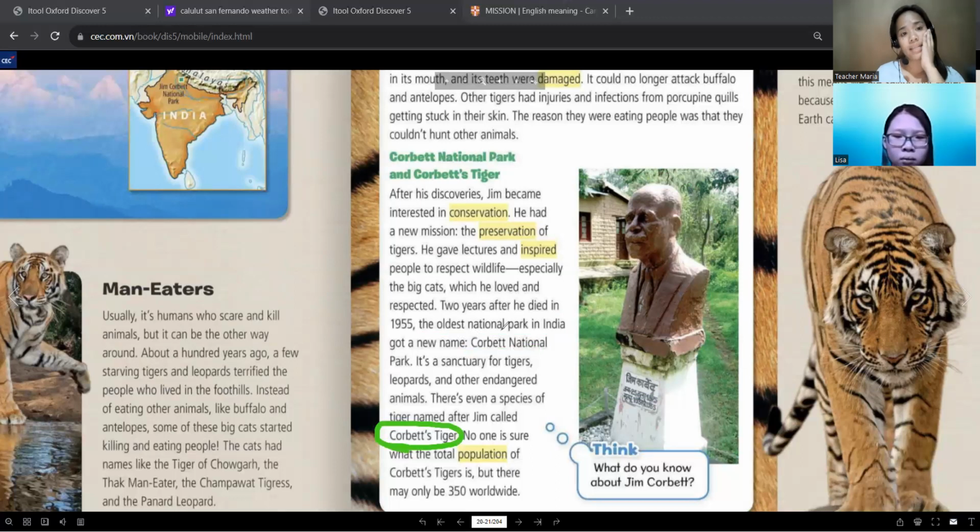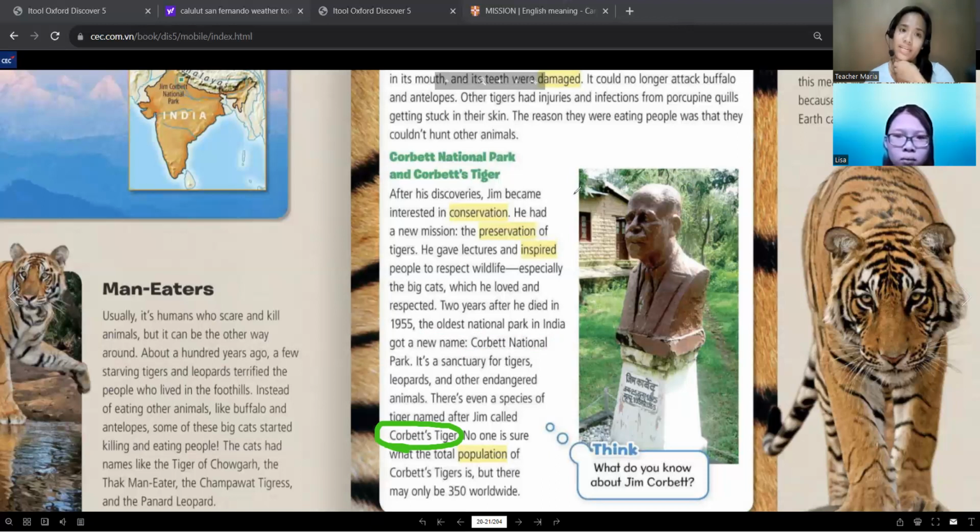But it's estimated how many? No one is sure what the total population of Corbett tigers is, but the world may only have 350 worldwide. Yes, it's not exact, but it's estimated as 350 worldwide.